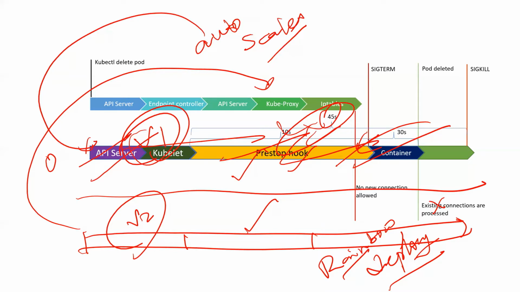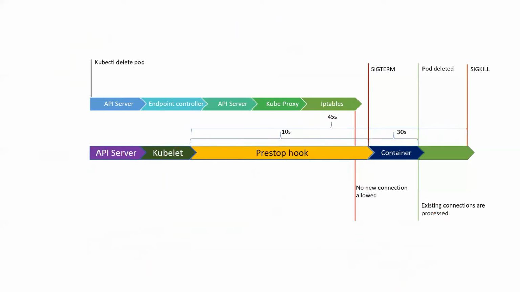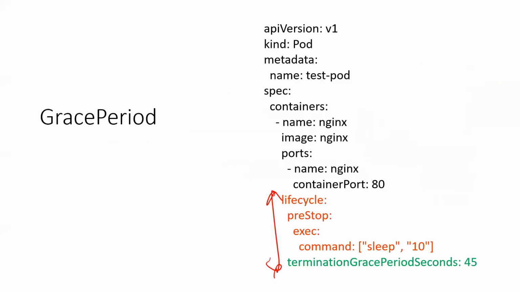This enables us to do zero downtime, right? We are also doing a graceful shutdown with something called the terminate grace period. This kind of value is so useful, so you should be aware of it.